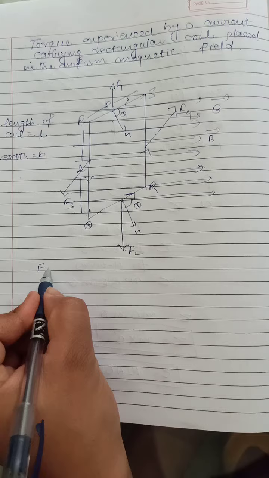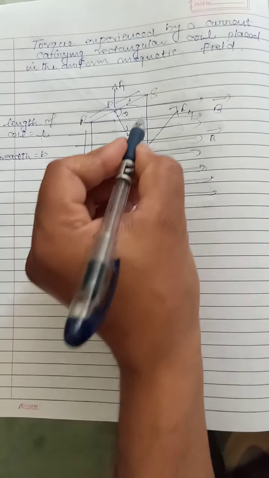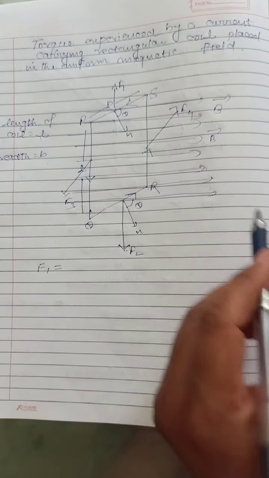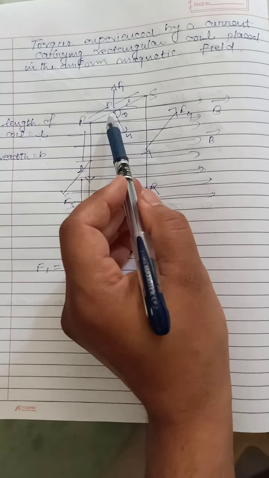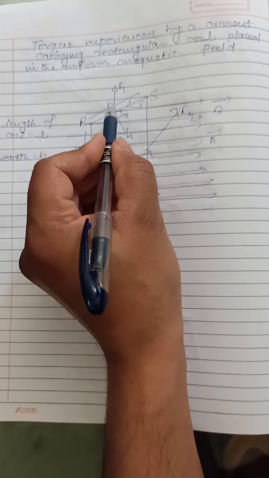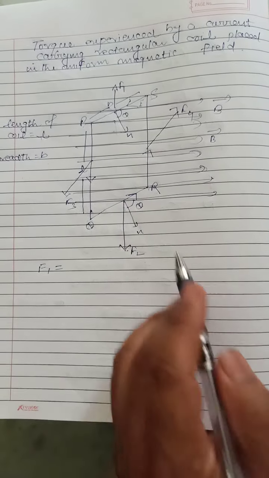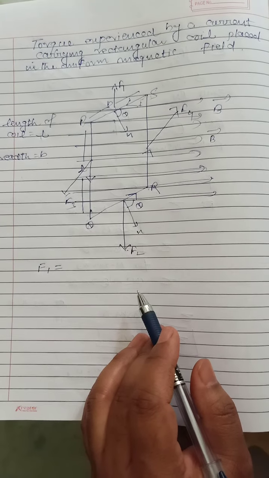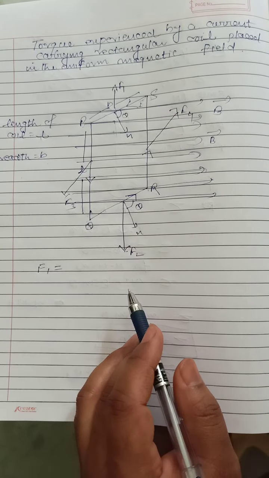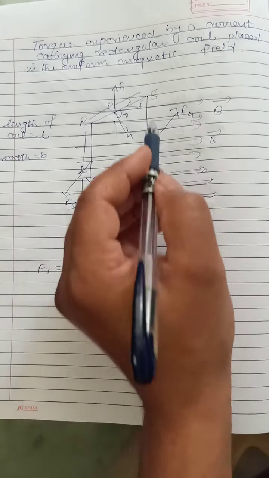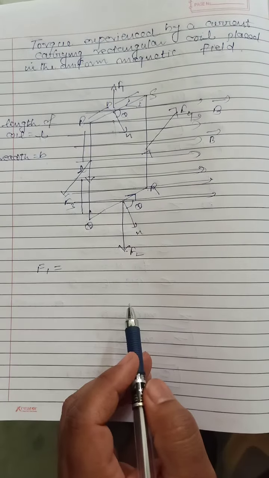Now, what is the force acting on the PS current element? Why have I said current element? Because the product of the current flowing, I, and the length of this PS line element, B, we call a current element. So the current element is I into B.